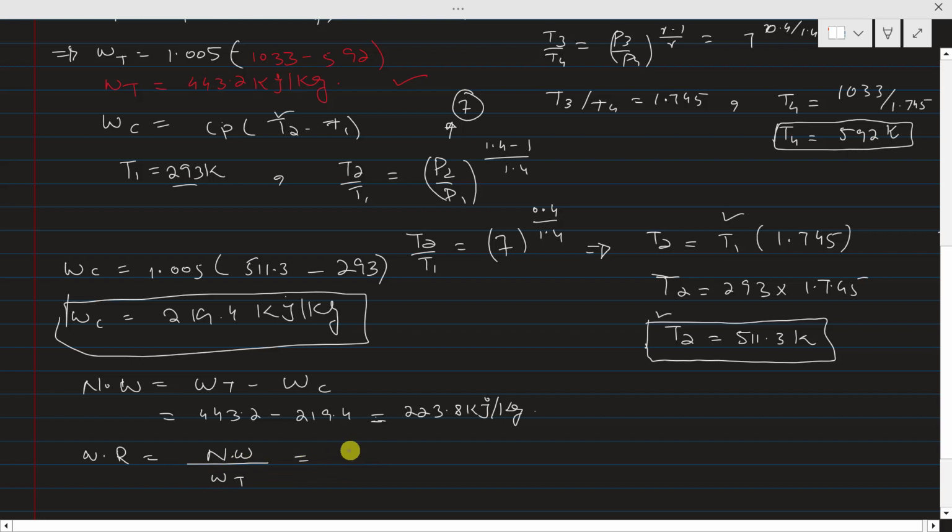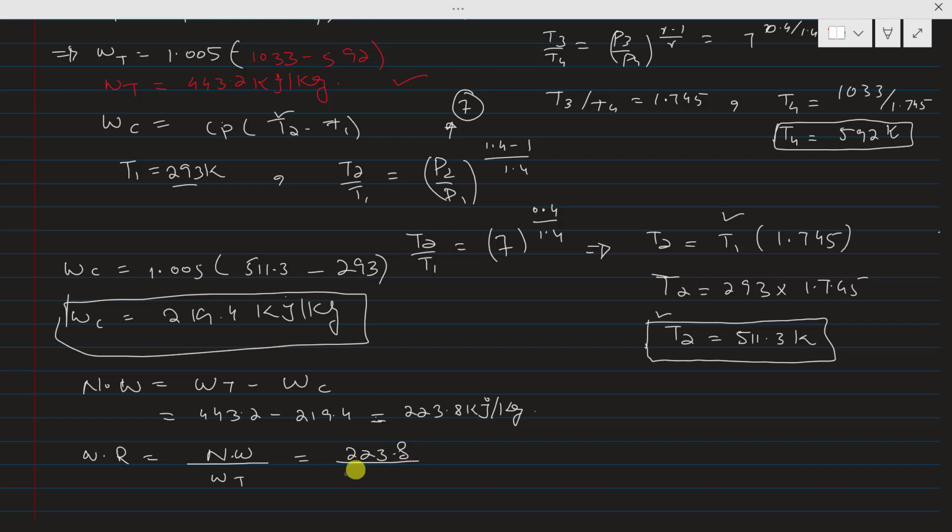The net work is 223.8, and the gross work, or the work done by the turbine, is 443.2 kilojoule per kg. So just by doing this on a calculator, you will get the work ratio, that is 0.505. That is all.